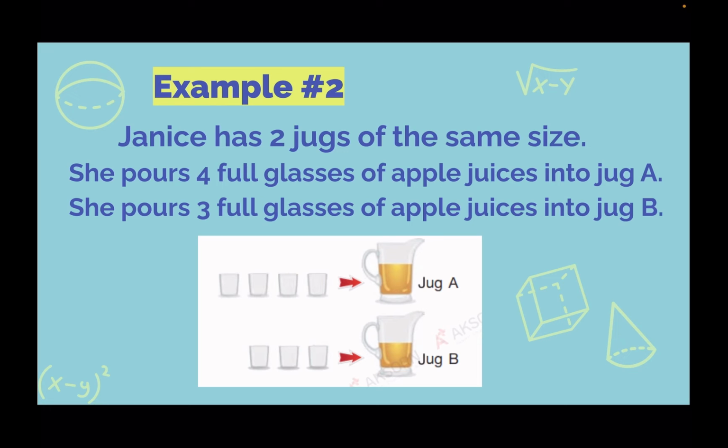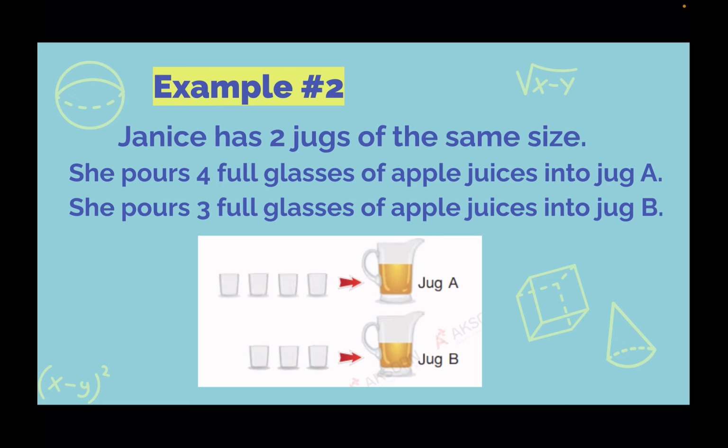We use the glasses as a unit for measuring. The containers we use for measuring have to be the same size. So if you're going to use the glasses, make sure that they have the same size.